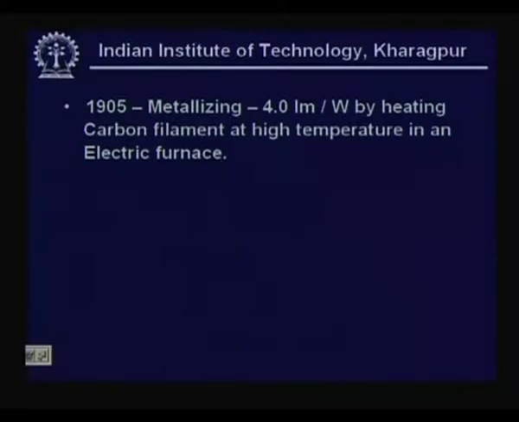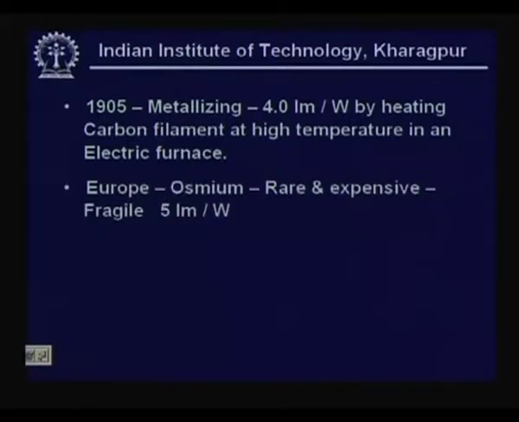At the same time, in the European continent, things were being tried out with other materials like osmium. There again, no doubt, it gave a good light output. Efficacy was much better than with the carbon filament lamp. It gave about 5 lumens per watt, but the fragility was still high and it was rare and expensive.